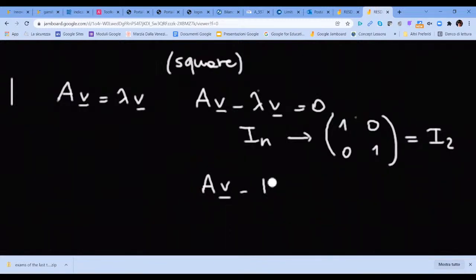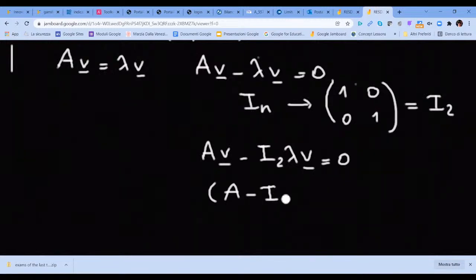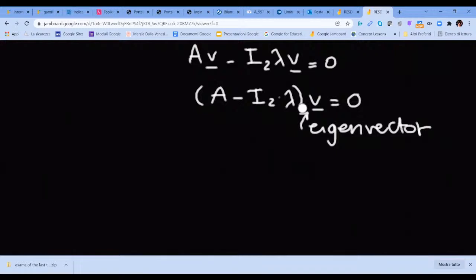That means that if we multiply, in this case we have two dimensions, lambda times v, we can take out the value of this vector v. This is the eigenvector. Okay, and this should be 0.